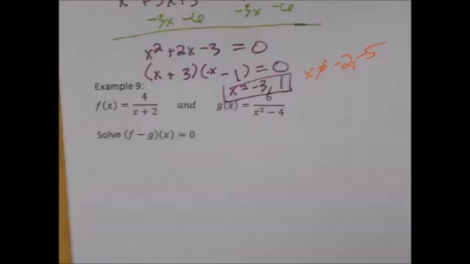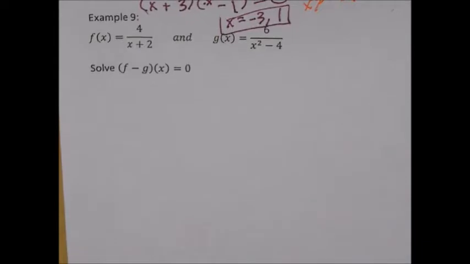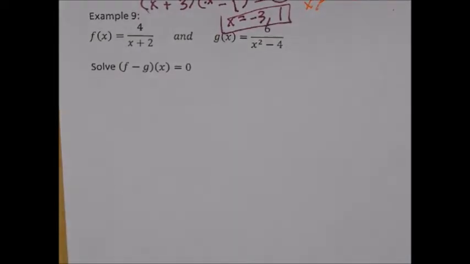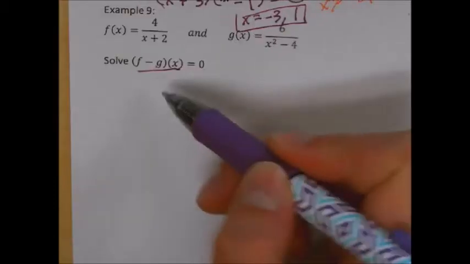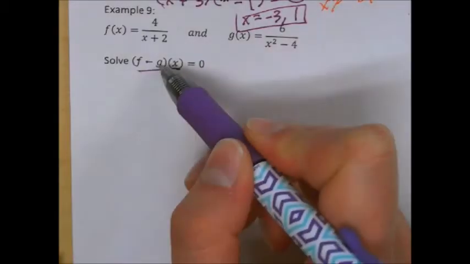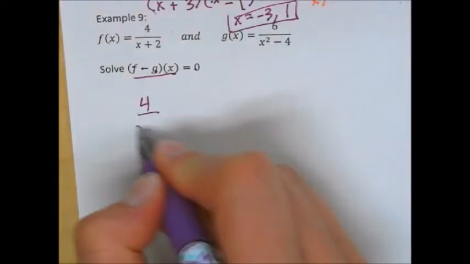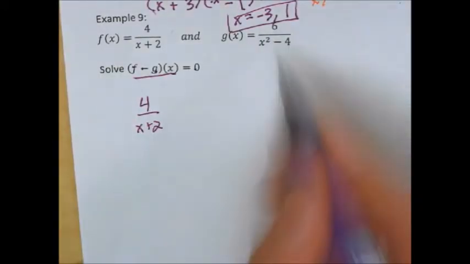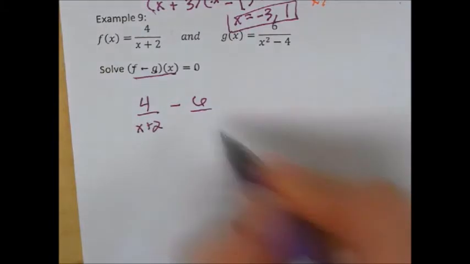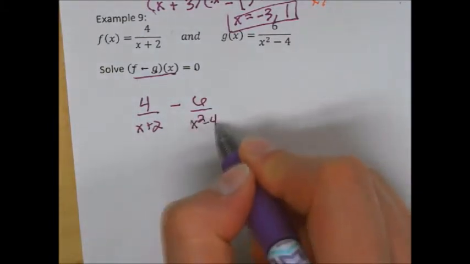Last one. All right, so this piece tells us we're going to do f minus g and set it equal to 0. So here's my f. Here's my g equals 0.